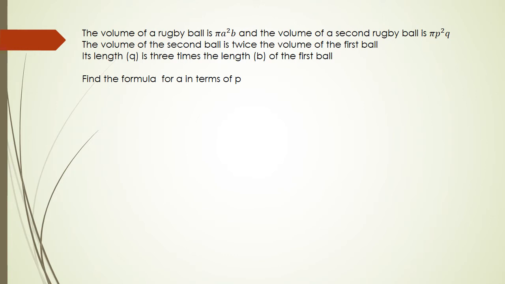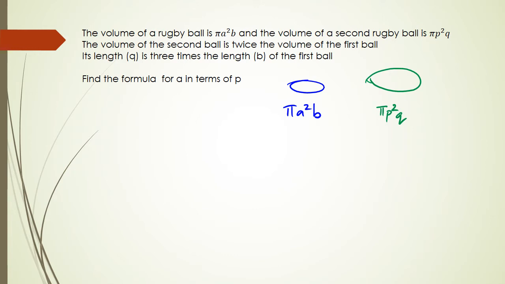So imagine it like this. You got your first rugby ball there, and then you got your second rugby ball there. So the equations are, for the first rugby ball is pi a squared b, and for the second rugby ball it's pi p squared q. Now, what we do know is the volume of the second ball is twice the volume of the first ball.